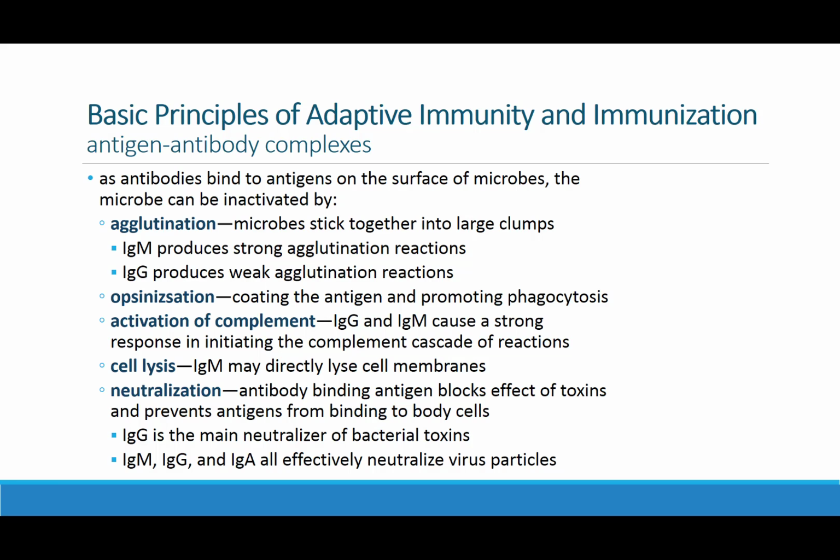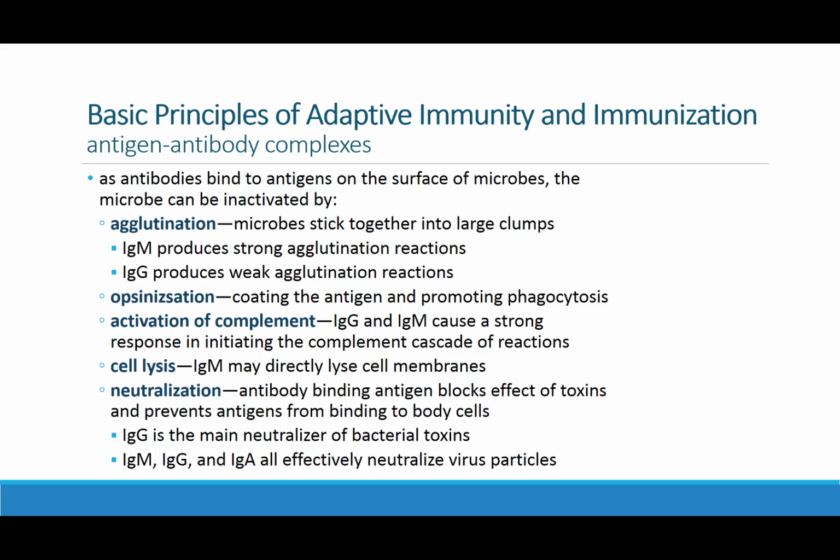Activation of complement: IgG and IgM both cause a strong complement reaction and initiate the cascade of complement reactions with all of the effects that we've seen associated with complement. Lysis of the cell: IgM can directly break open cell membranes.